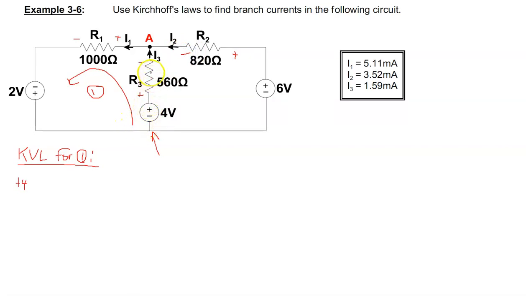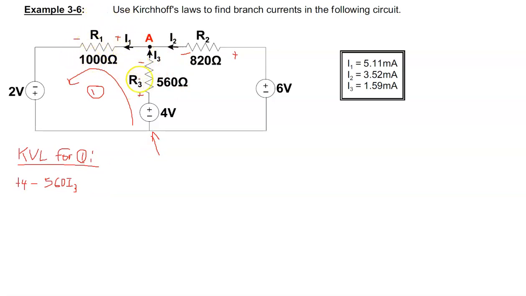If we're going across R3, we're going from a positive sign to a negative sign, which represents a drop in potential. So negative VR3. VR3 by Ohm's law, I times R, is 560 multiplied by I3. The next device is R1.